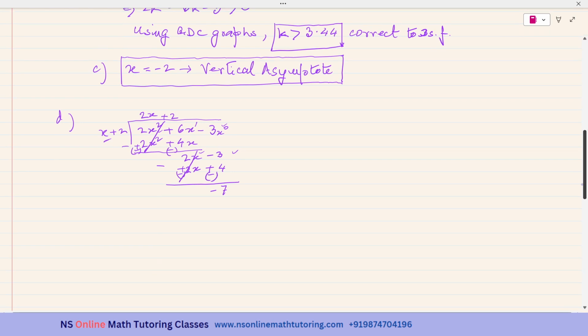You can just straight away say, therefore, the equation of the oblique asymptote is y equal to, you have to take the quotient expression, 2x plus 2.